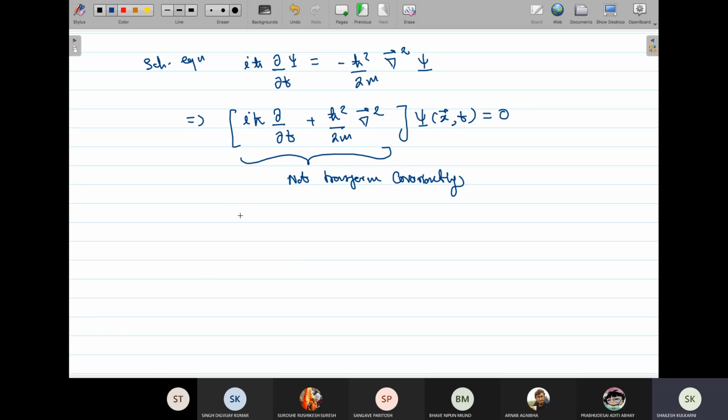Either you consider something like this, A plus B, or one considers A. There are only two ways, or you discard everything and do nothing.